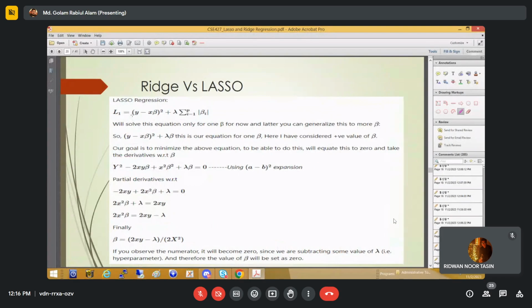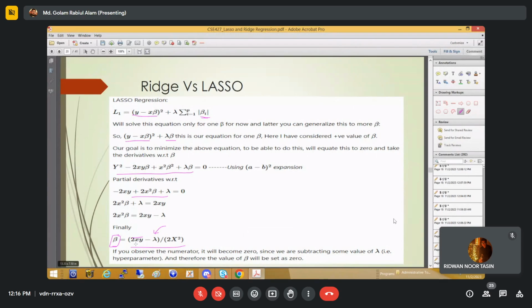So here, instead of beta square, we have just beta. If we consider the same, just one beta, and do the same partial derivative, we will get this, and then finally beta will be this one. So we can see that now the beta can be 0. Why? Because this part has minus of the lambda, so the numerator part can be 0.